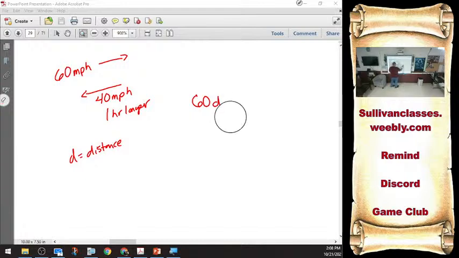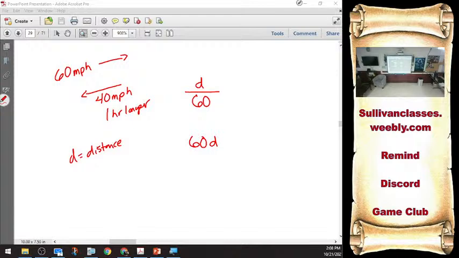Or is it the distance divided by 60? 60 miles per hour times whatever distance it was, or is it whatever distance you went divided by 60? Which one makes more sense? That's actually a pretty good way to say it.